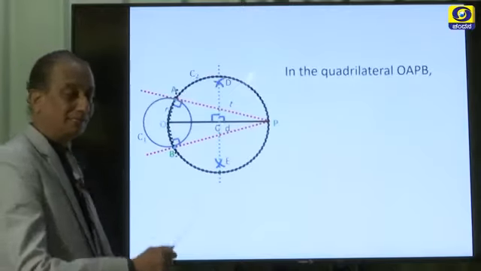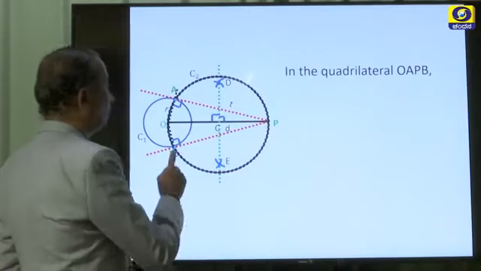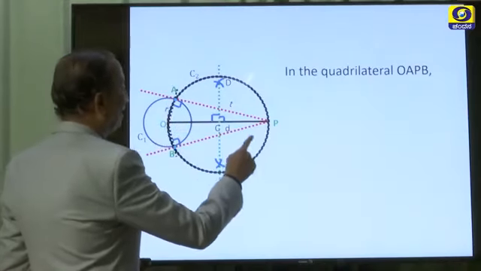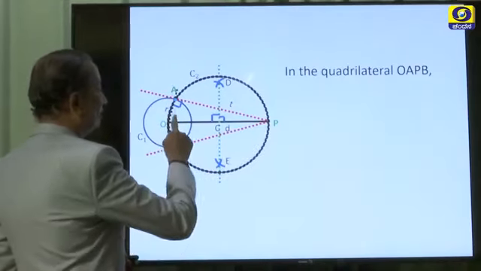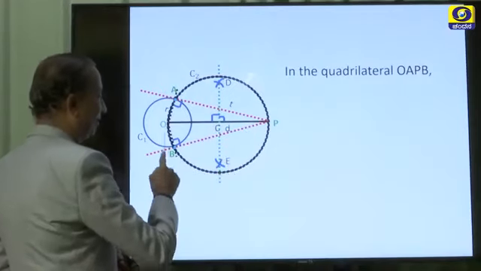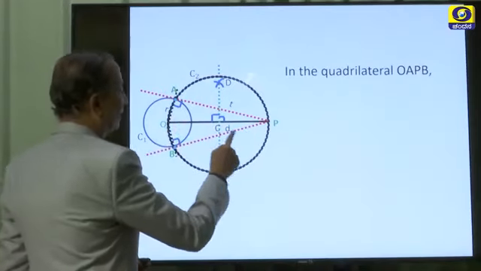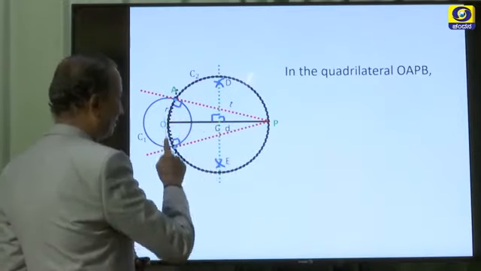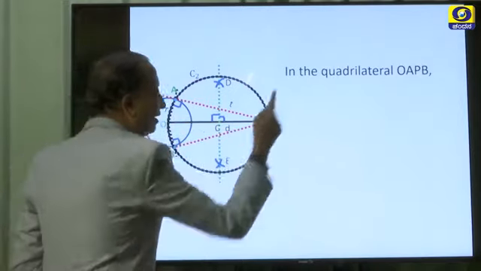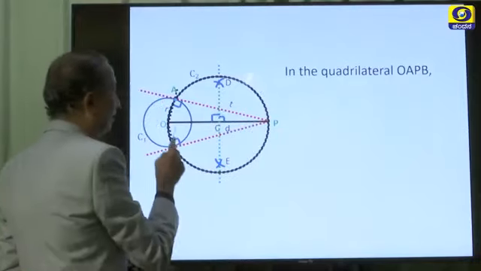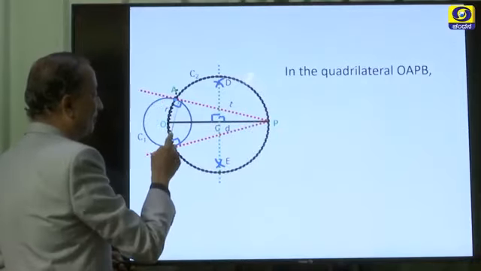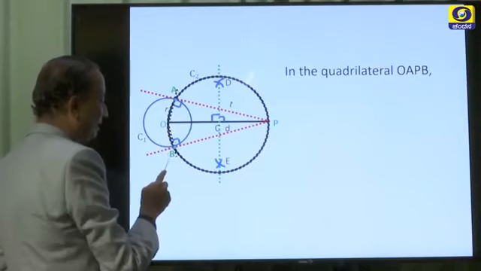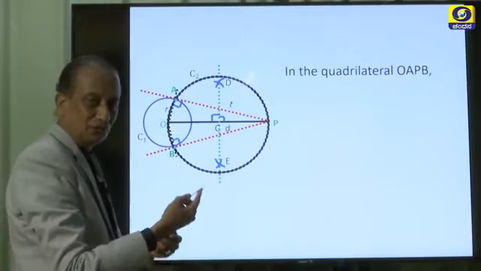Now, there are some interesting points to be observed. OAPB, look at this quadrilateral carefully, children. This is 1, second, this is third, this is 4, there are 4 sides, therefore it is a quadrilateral. In this quadrilateral, these two are opposite angles. So, this is 90, this is 90 for the reasons which you already know.